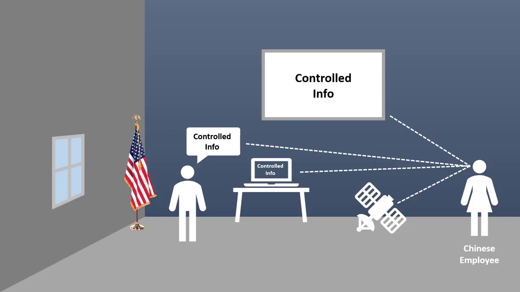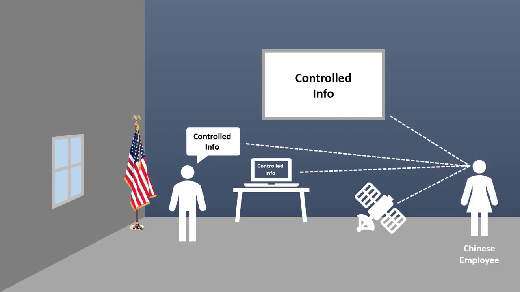The US government treats this scenario as if I have exported all of this controlled information to China, even though the information never actually left my office. Now, presumably, this is because the information is now in my Chinese employee's head, and she can just go back to China with the information and build the satellite to a similar extent as if I had just emailed the information to her in China.